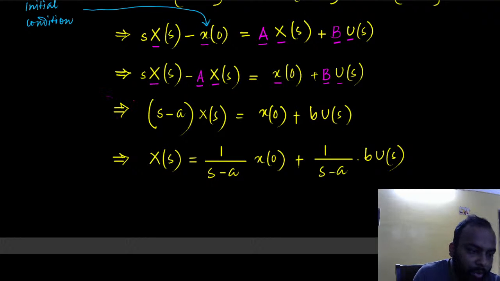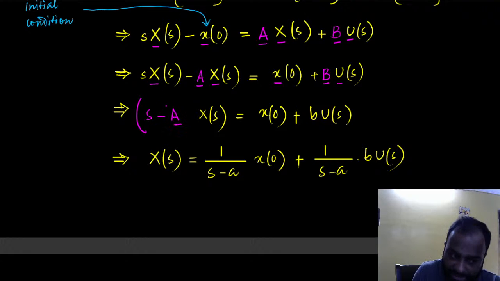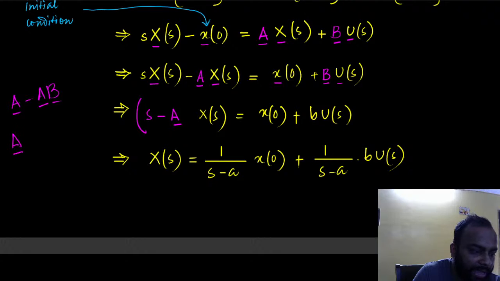Now here is the first different thing that we are going to notice. If I factor out X(s), you know already that this cannot be s minus A. We discussed this. We have two matrices, say A and we are subtracting, for example, AB, and if I want to factor out A, then it becomes A times (I minus B).